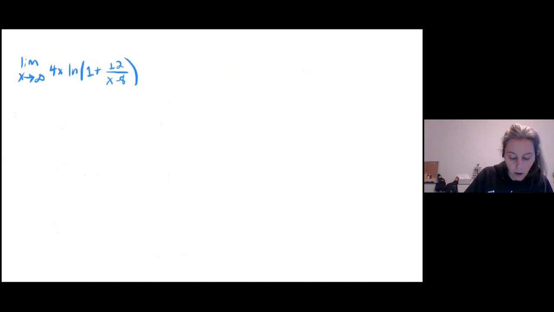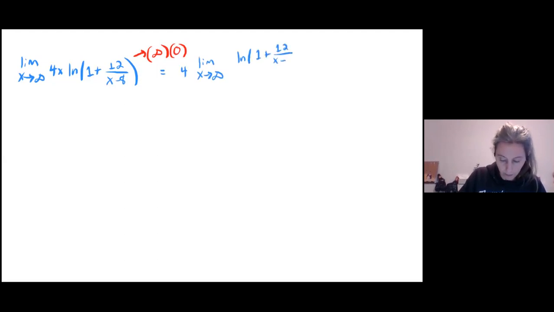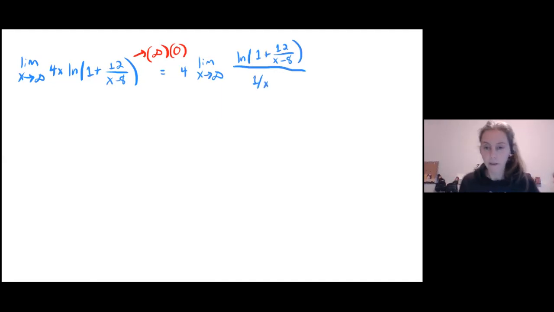When I plug in now, I get infinity times ln 1, which is 0. So should I move the ln to the bottom or the x to the bottom? I'm going to move the x to the bottom. At the same time, I'm going to move that 4 to the outside of my limit. So now I have this, and now that gives me the form 0 over 0.